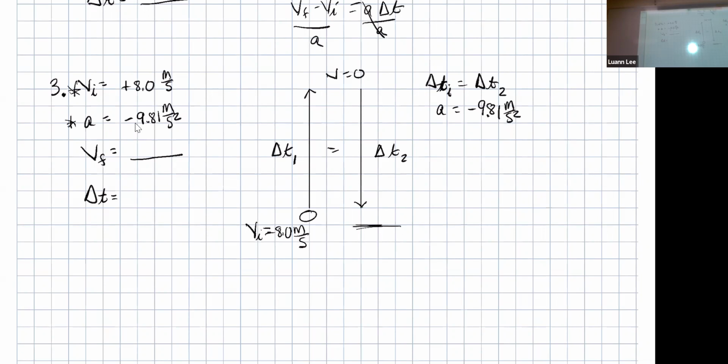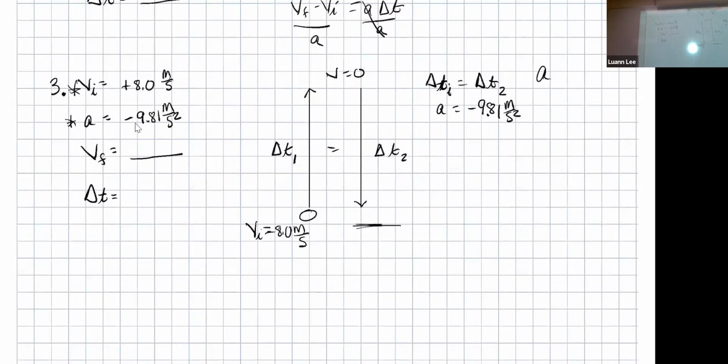So by inspection, what's the average acceleration equation? Acceleration.